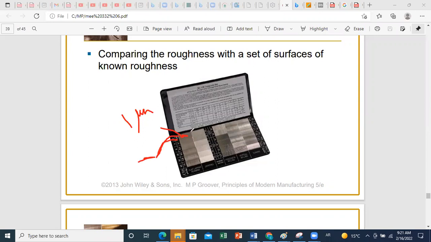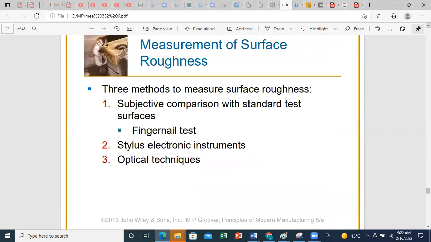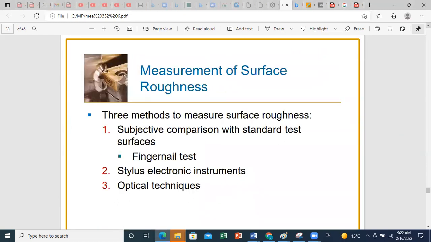This is called a subjective method of measurement because it's not very accurate. Sometimes you might feel that the roughness is very close, but especially with very small values, it is critical to use this method. Maybe for larger roughness it can work a little better. This is why, when we have very small roughness, we go to more advanced techniques.